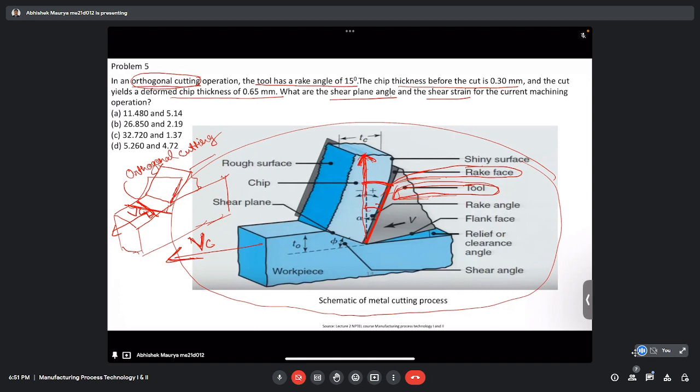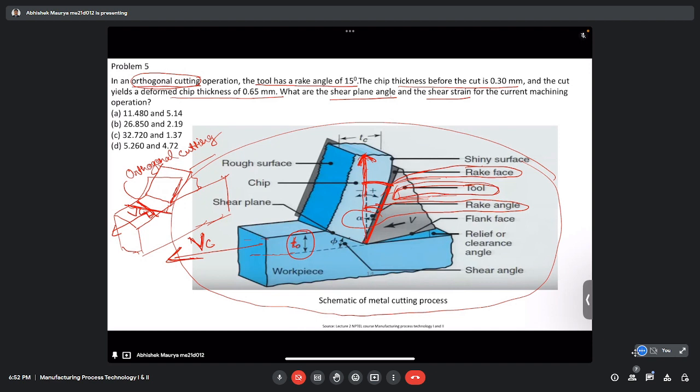Here it has been denoted by alpha. So that is the rake angle. And what is the uncut chip thickness? We are trying to remove this much thickness of material from the workpiece. That is T0, or the uncut chip thickness.